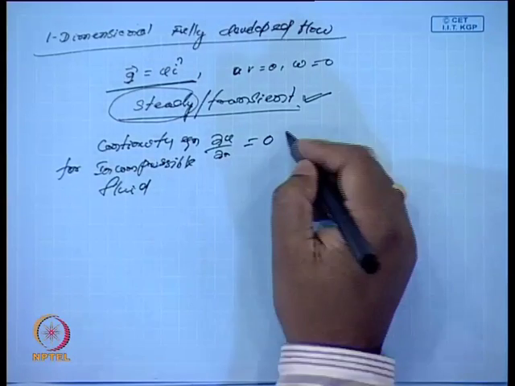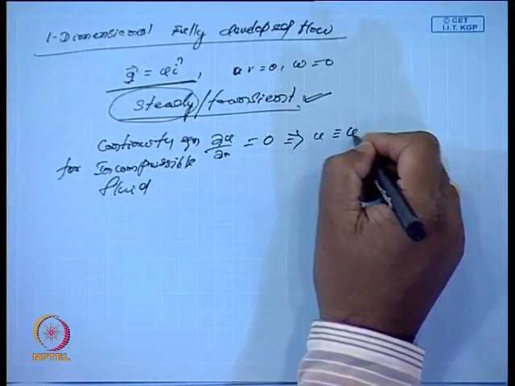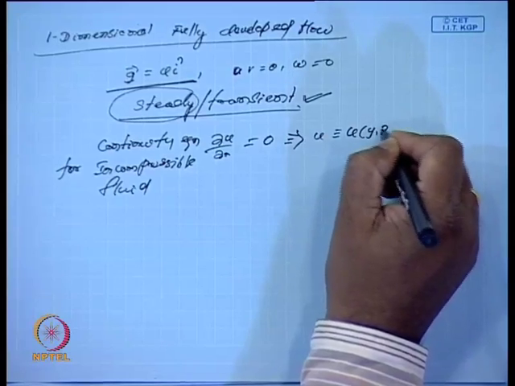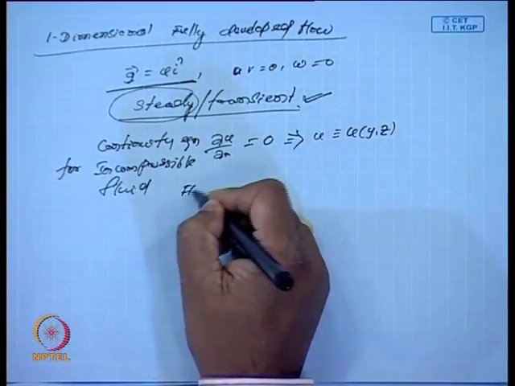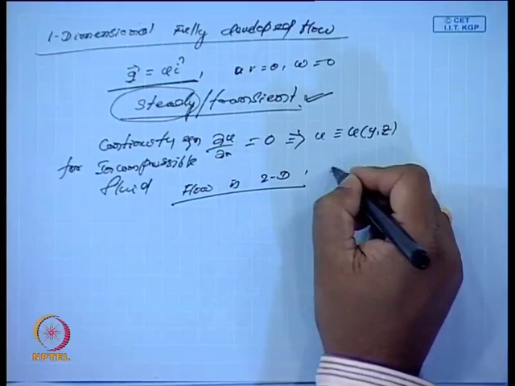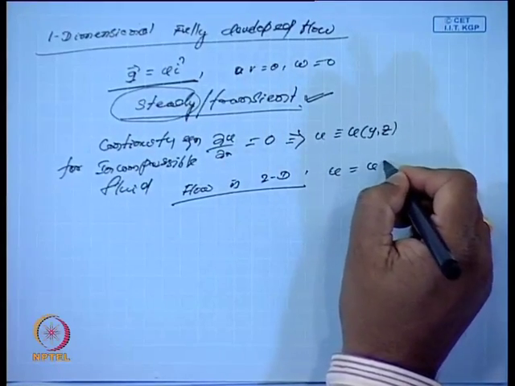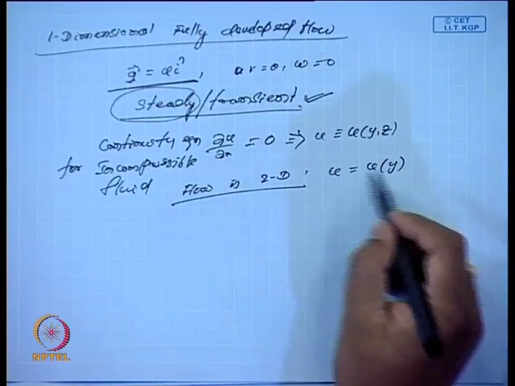And once del u by del x is 0, which is the same as telling u is a function of y and z, and if I again say that the flow is two dimensional, then u can be written as a function of y only, because it is independent of z.